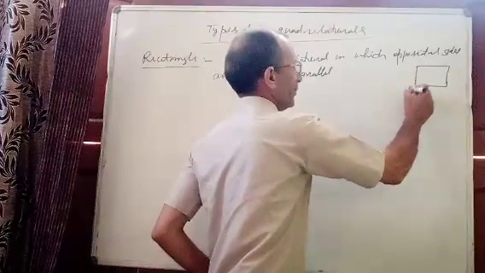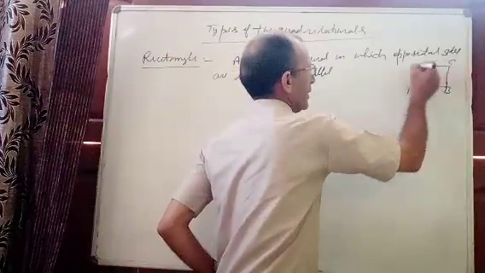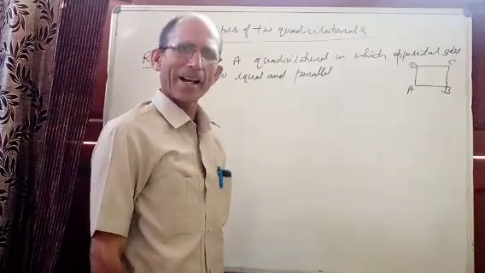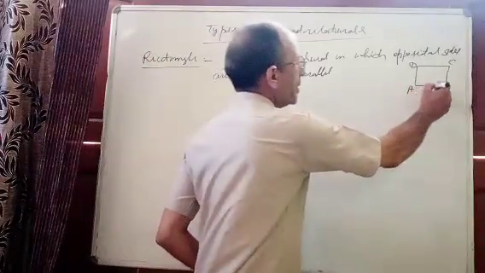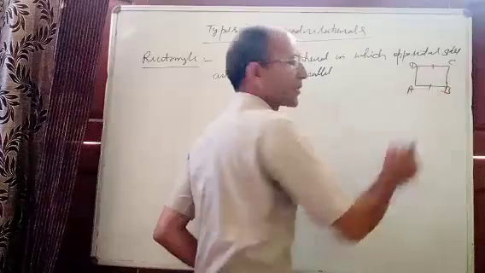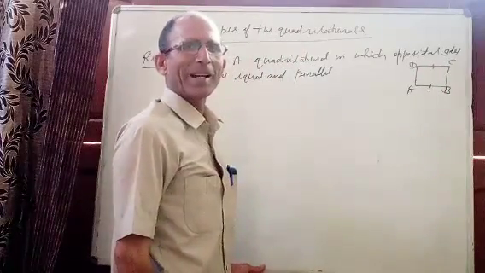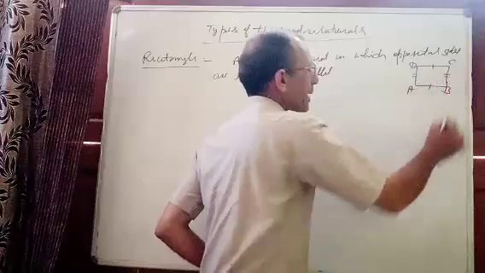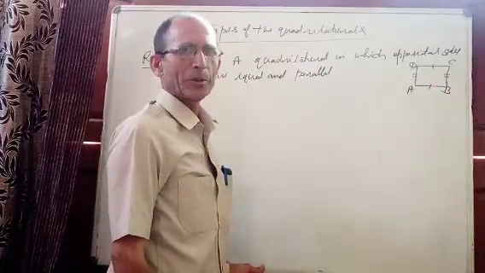ABCD. This is a quadrilateral. Sorry, this is a rectangle. Opposite sides AB is equal to CD and AB is parallel to CD. AD is equal to BC and AD is parallel to BC.